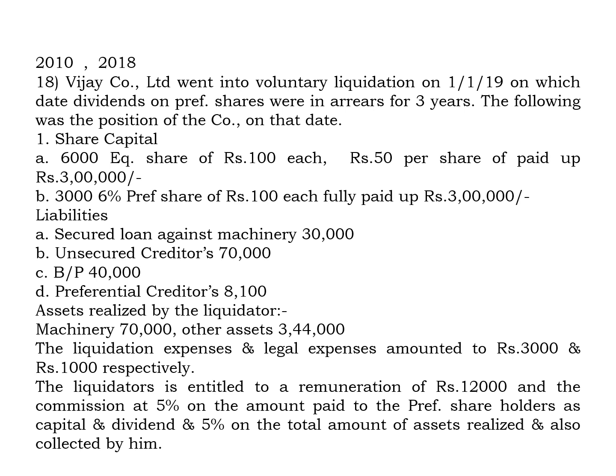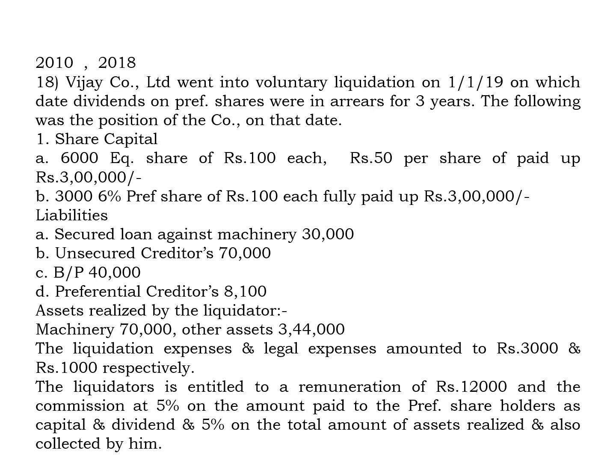We have liabilities: secured loan against machinery 30,000, unsecured creditors 70,000, bills payable 40,000, preferential creditor 8,100.